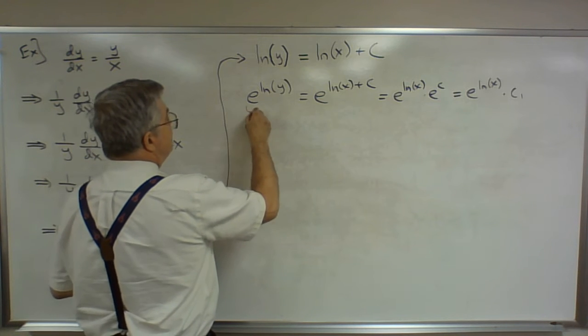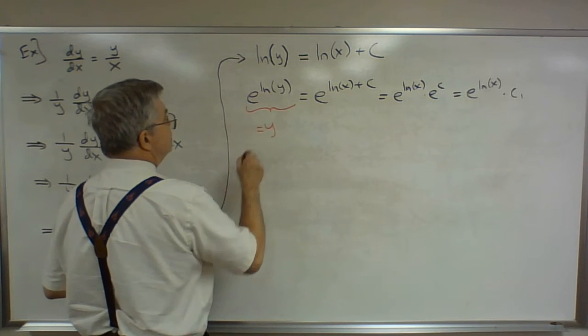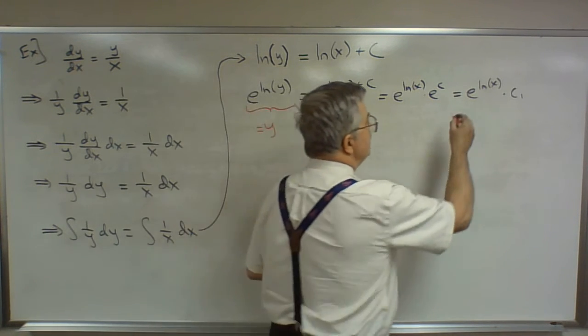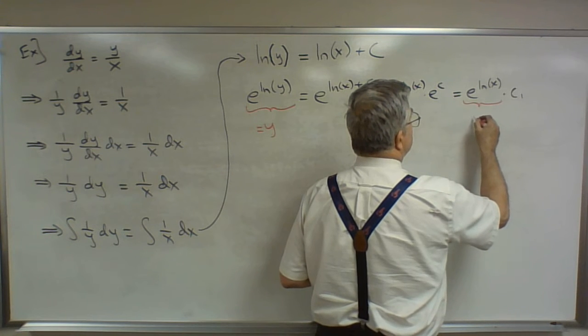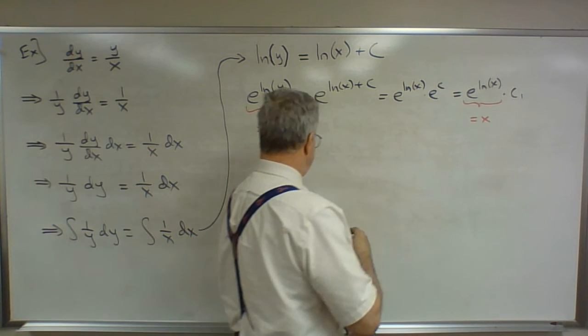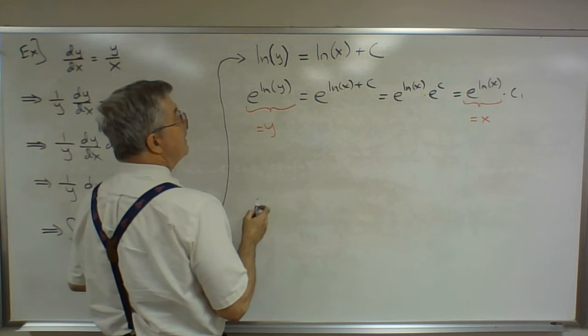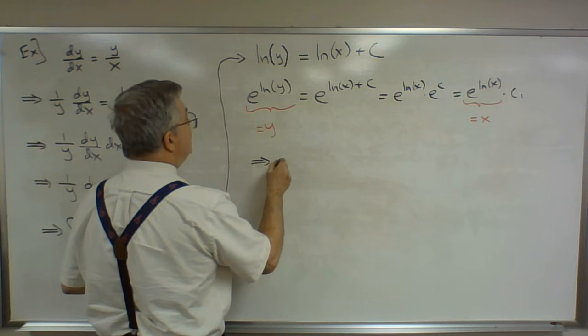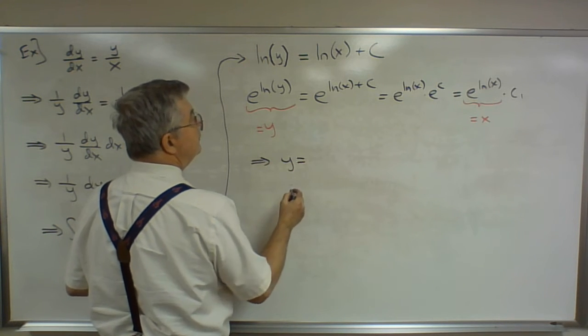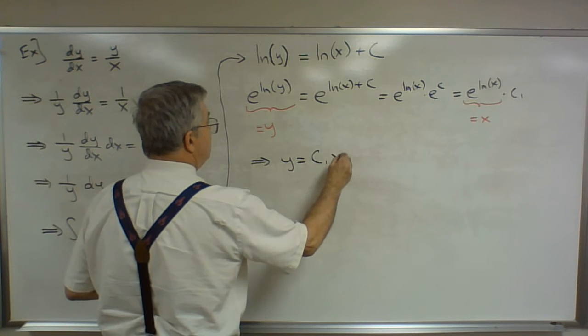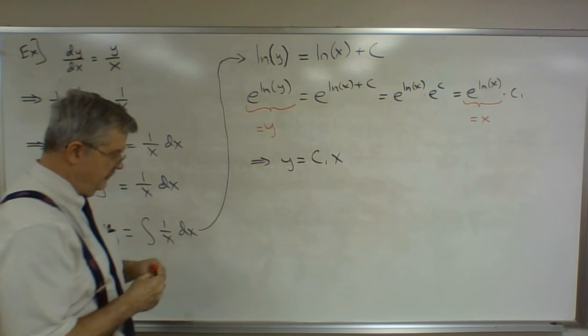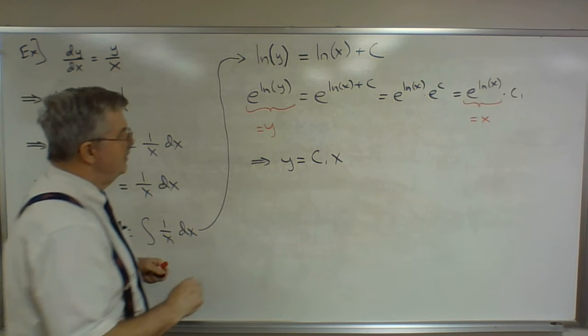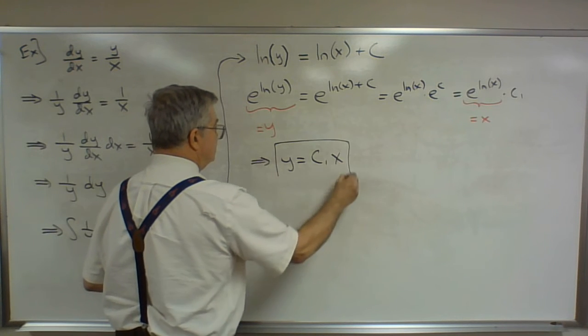And e to the natural log of y, son of a gun, that's just y. E to the natural log of x, that's just x. So we get y equals some constant times x. But there's our solution.